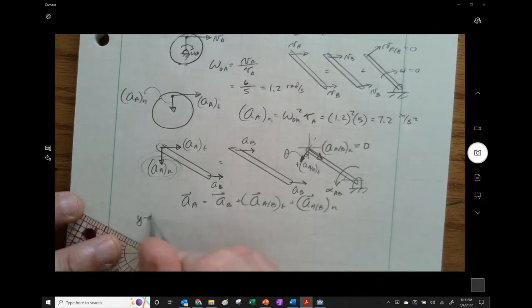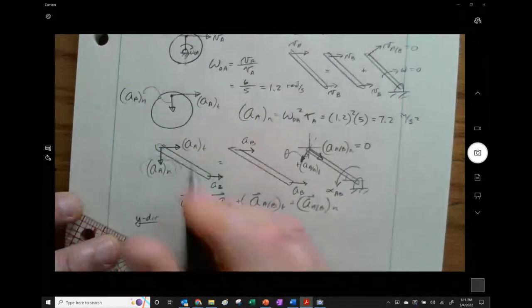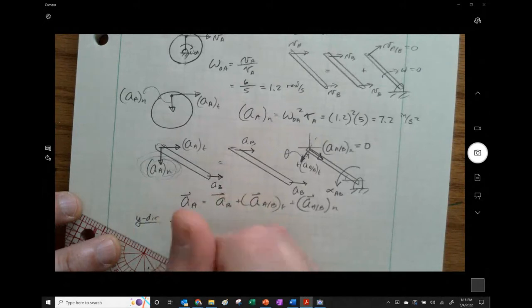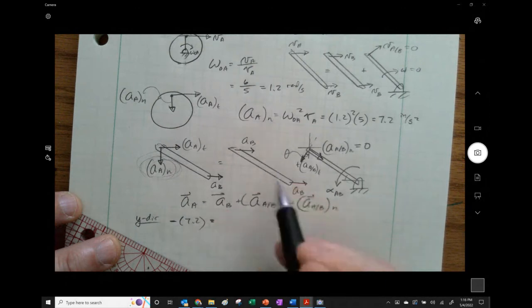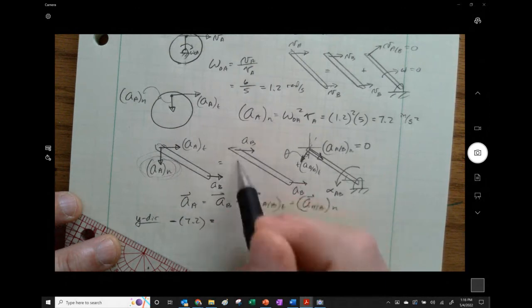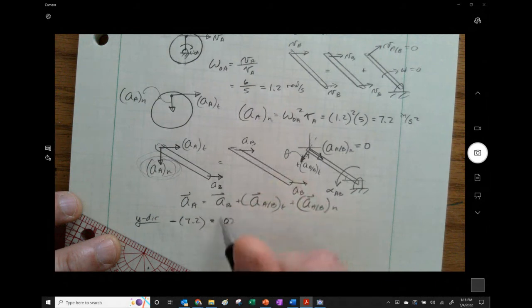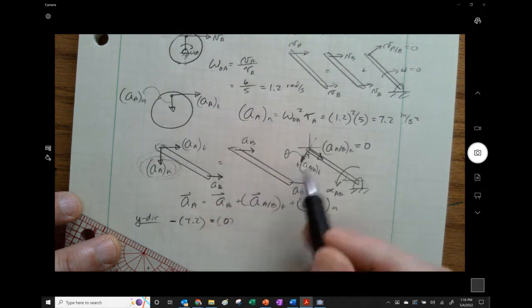And we'll start with the y direction. And we know that this is going to be a negative 7.2. It's going to be equal to 0 here, right? There's nothing in the y direction there, so that makes that a little bit easier.